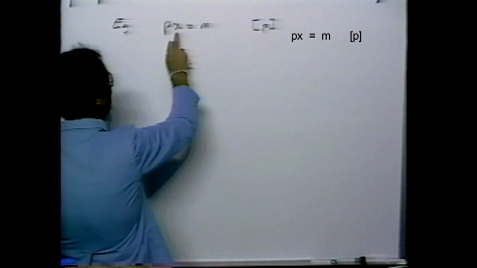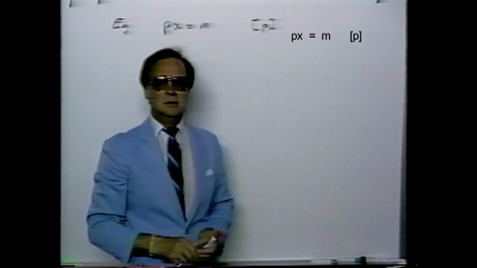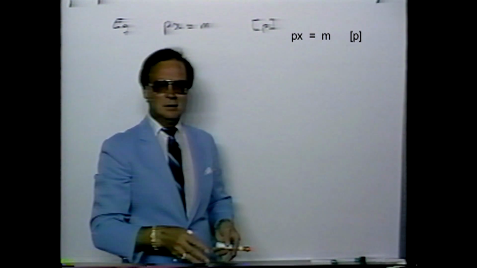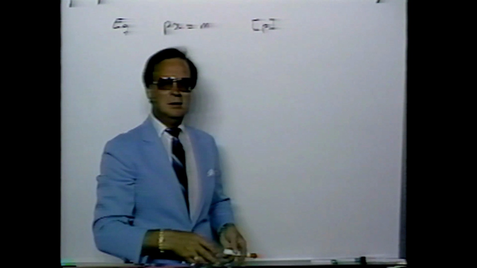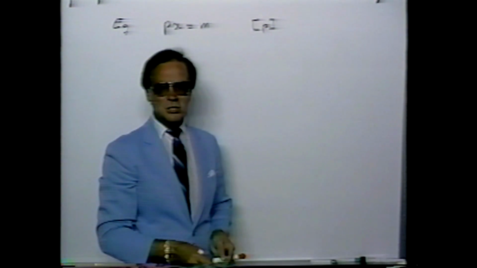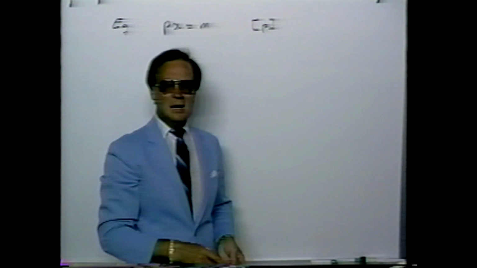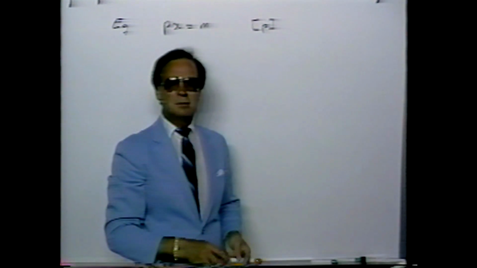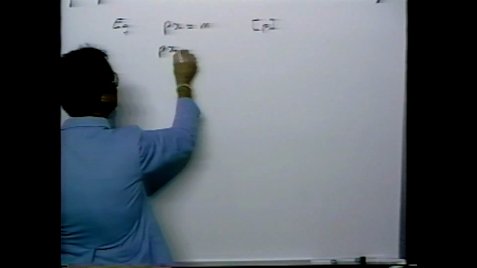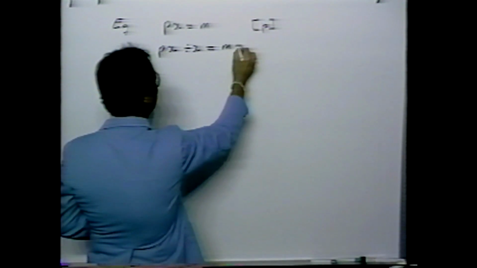To eliminate the x so that p is alone, you have to disconnect that operation. And disconnecting an operation of multiplication is simply applying the opposite operation. The opposite to multiplication is division, so therefore we'll want to divide both sides by x. So px divided by x equals m divided by x.